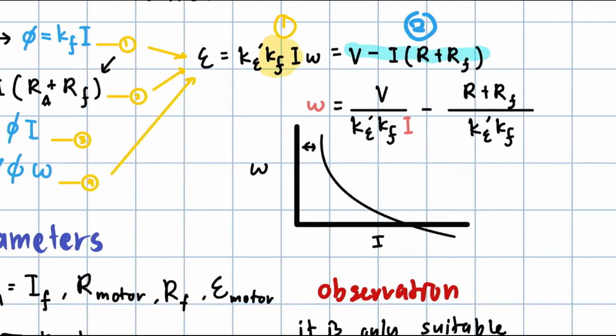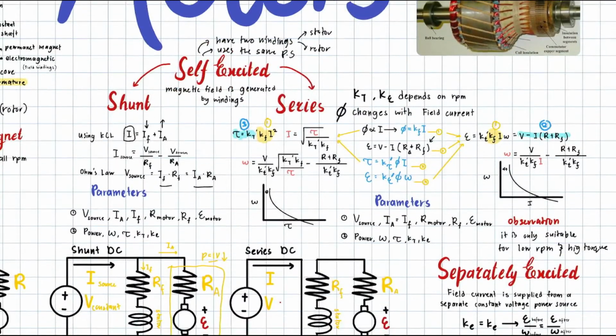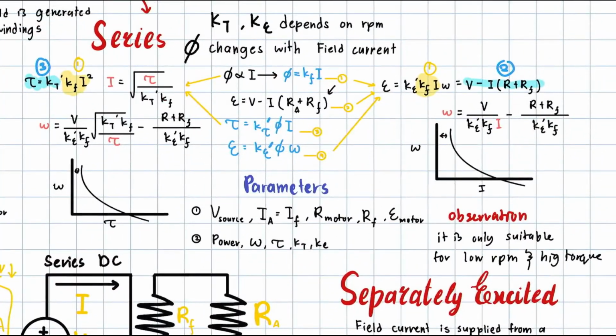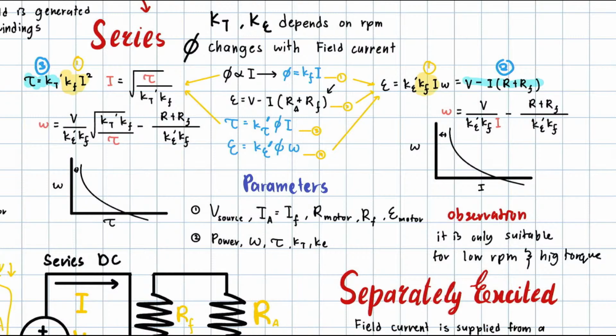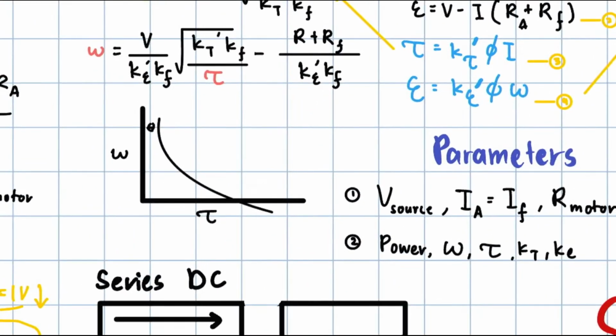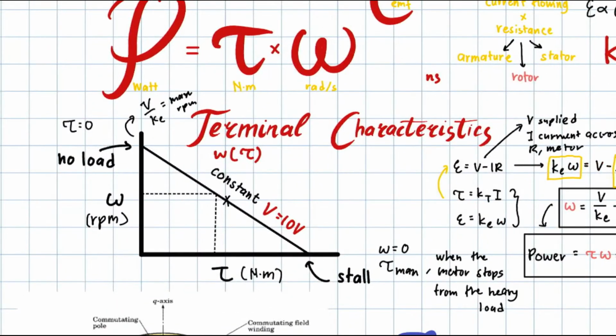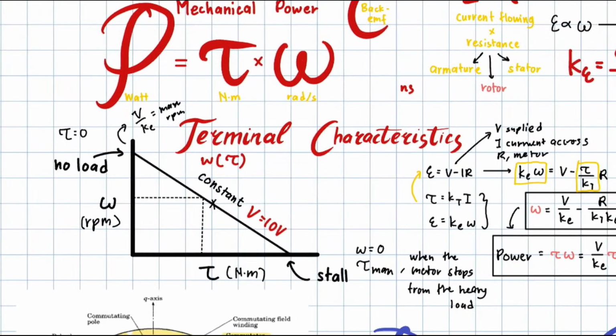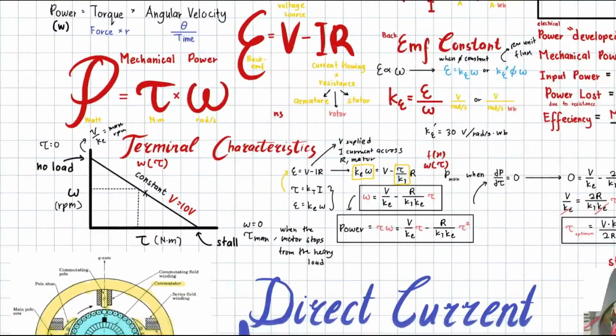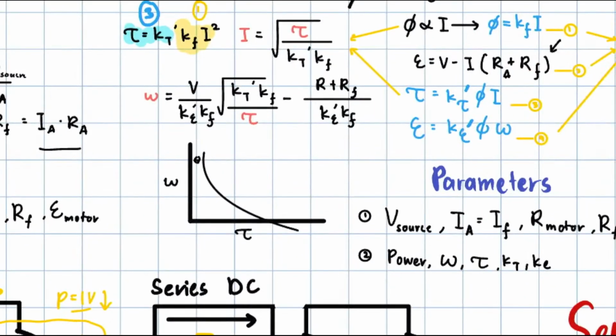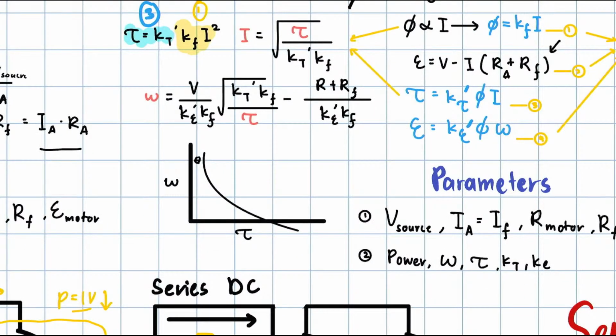because the series is very powerful. If you don't put a load like over here, where there's no load, it still has its torque, it coincides. But over here, if there is no load, its angular velocity will increase towards infinity.